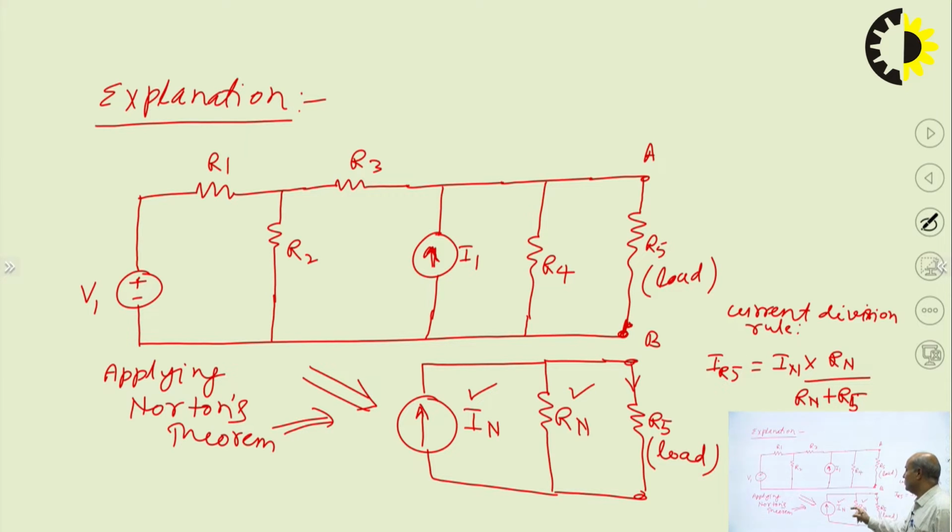That's why this is also known as ISC, short circuit current. So In is known as Norton's equivalent current or short circuit current, and this is found by replacing this resistance by a short circuit. So we apply Norton's theorem in two steps.